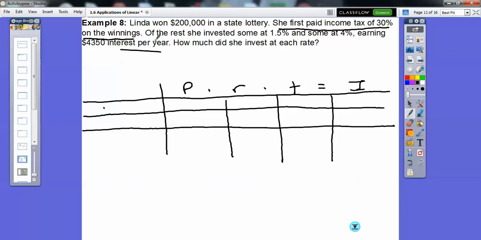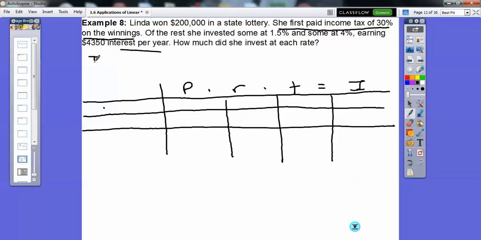She won $200,000, but is that the amount she gets to keep? No. If you win the lottery, the government's going to take its share first before you ever get your money. So the government is taking 30% of her winnings. How do I figure that out? What am I going to do?